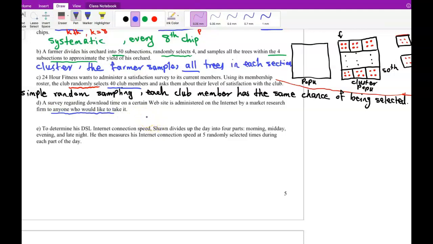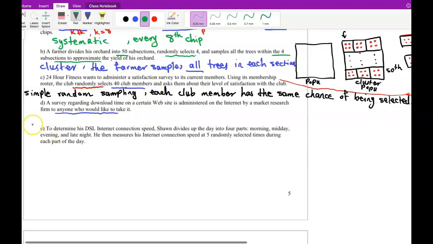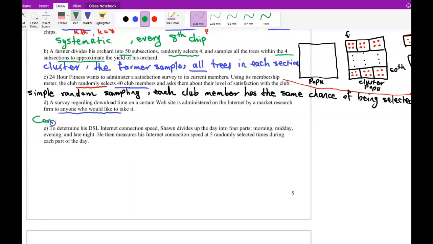So this is using voluntary response, and that is convenience sampling.